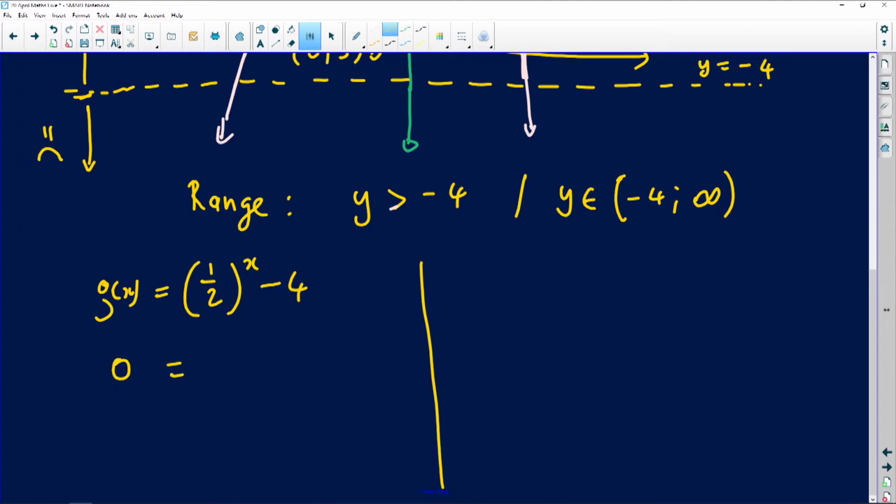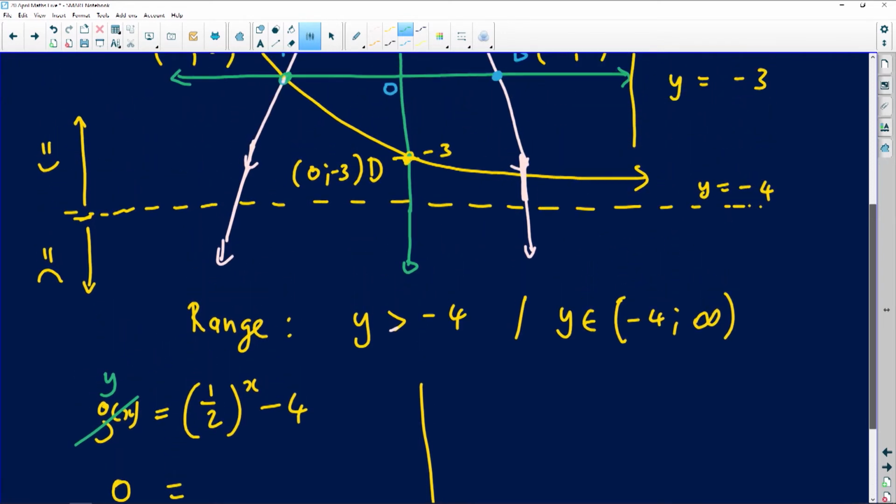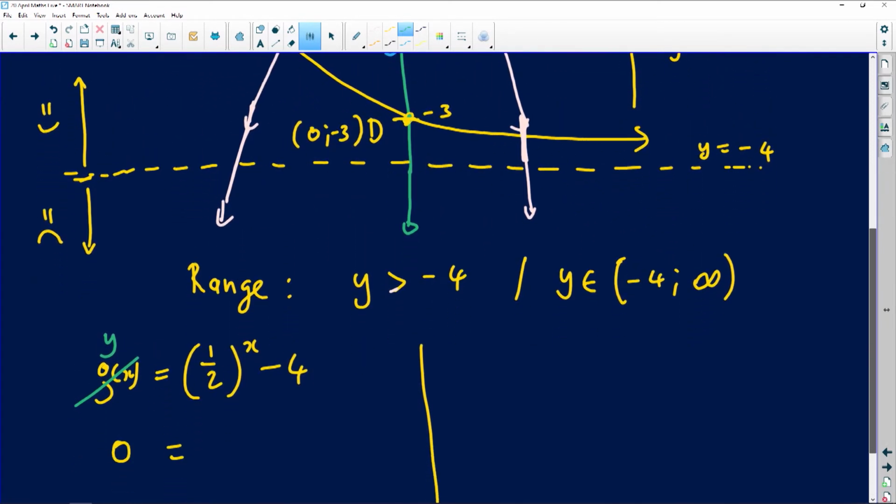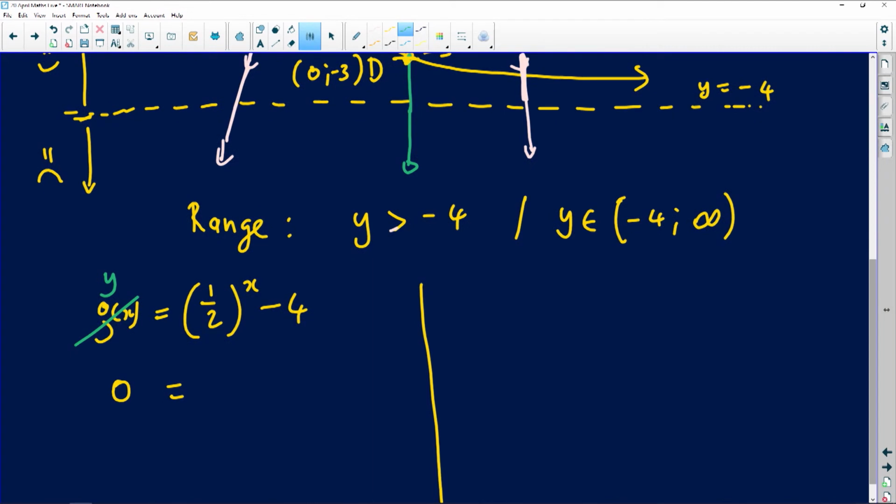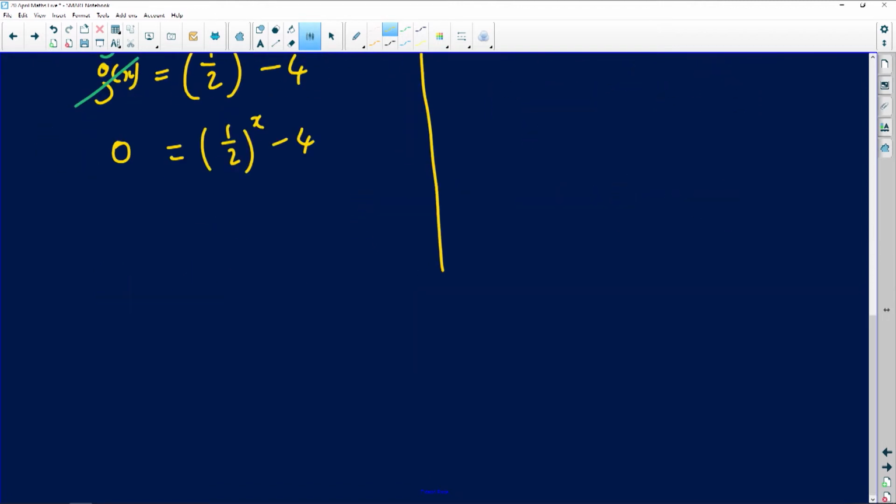Remember, g and y is the same thing. So if you replace g of x and you write this as y is half to the power of x minus 4, you're essentially doing the same thing. So at point A, the y value is 0. At point A, you guys will notice that the y value is 0 because anywhere on the x-axis, y is 0. Okay, so this is going to be half to the power of x minus 4. So I'm going to apply my laws of exponents to nail this question.